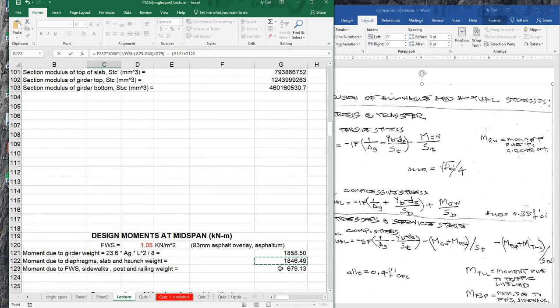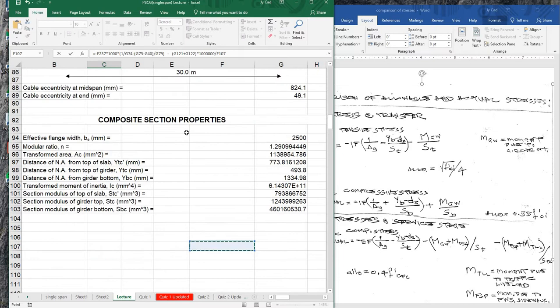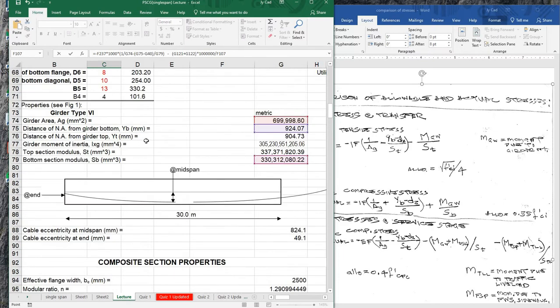And then, close parenthesis. And then, this is in kilonewton meter, so you have to multiply this by 10 to the 6 or 1 million. Divided by S sub T, section modulus top. It is here in the basic properties. This one. And then, space again.